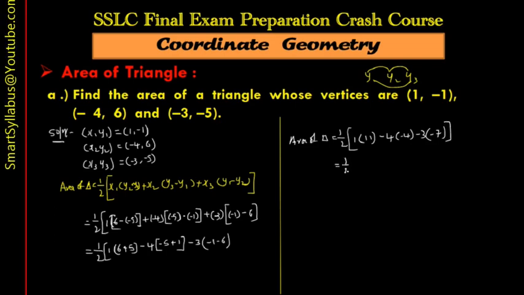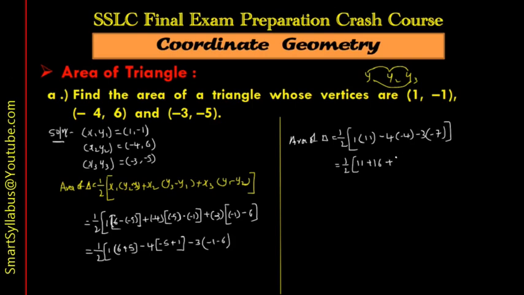6 plus 1 is 7, both are minus, so write minus. That's equal to half, 11 into 1 is 11, minus into minus plus, 4 4s are 16, minus into minus plus, 7 3s are 21. That's equal to half, inside the bracket, now add all these three values. It's 48.